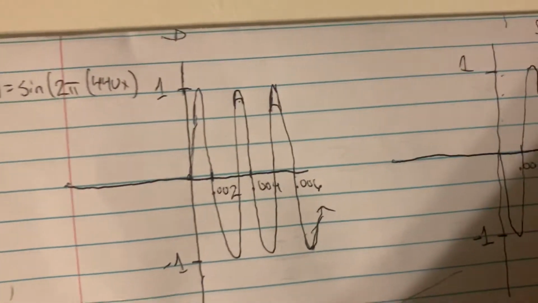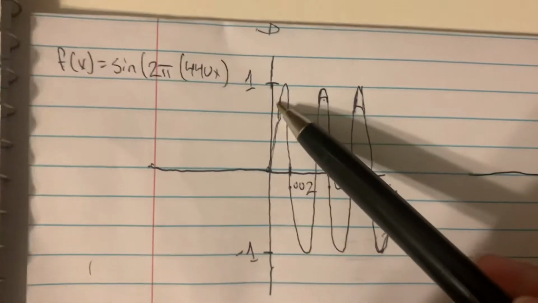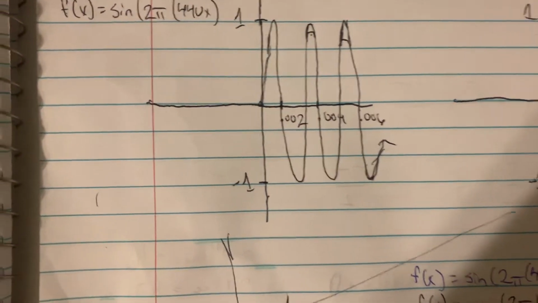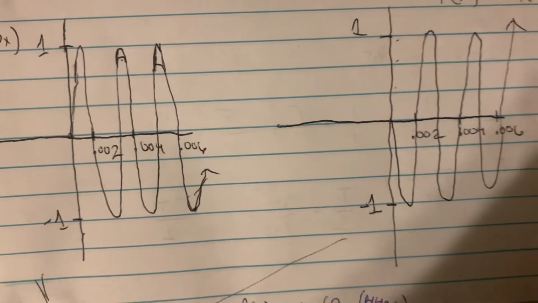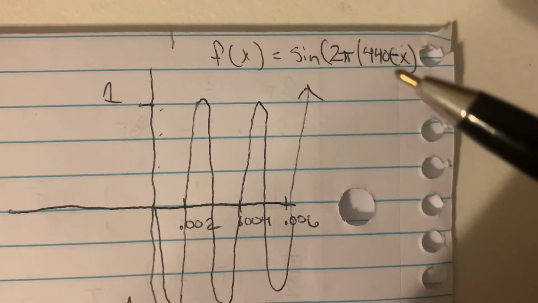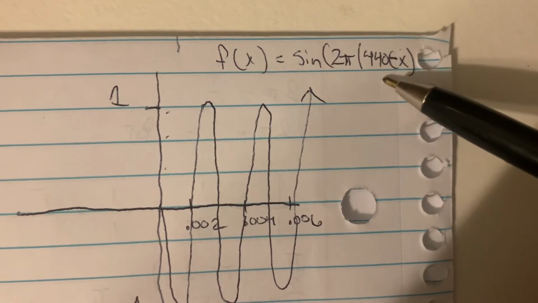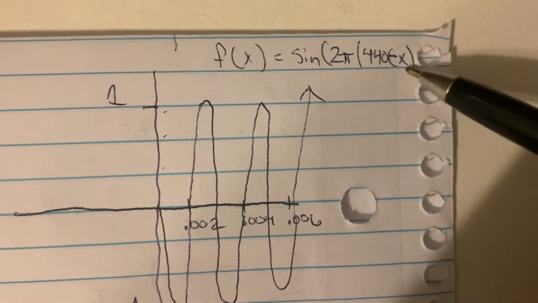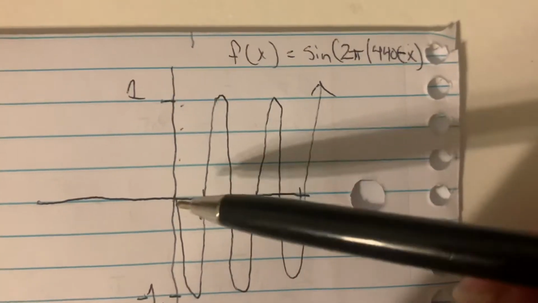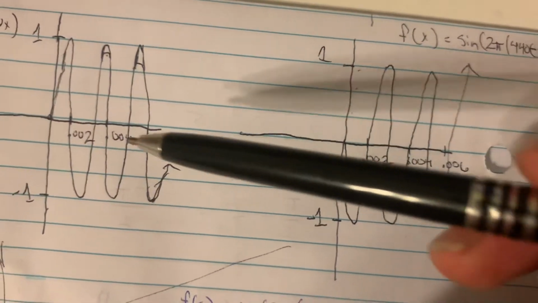Okay, so if we take this noise and reflect it, pretty much we shift it a little bit, and that way the noise cancels out. So we reflect that noise here. We take sine 2 pi times 440 times -x. We take the reflection of this, so now we're going down. Say we start here at 0.